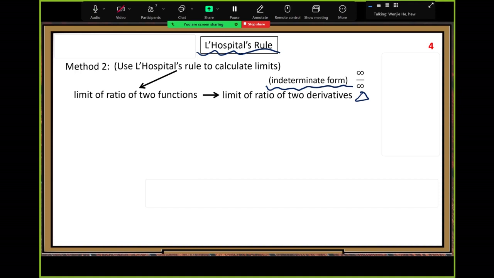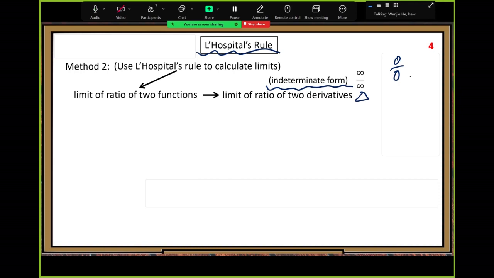Some students ask me, are there other indeterminate forms? Yes, there are many other indeterminate forms. For example, 0 over 0: the numerator goes to 0, the denominator goes to 0. It's also indeterminate.